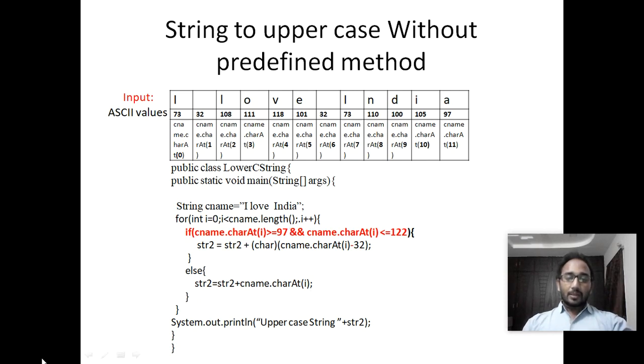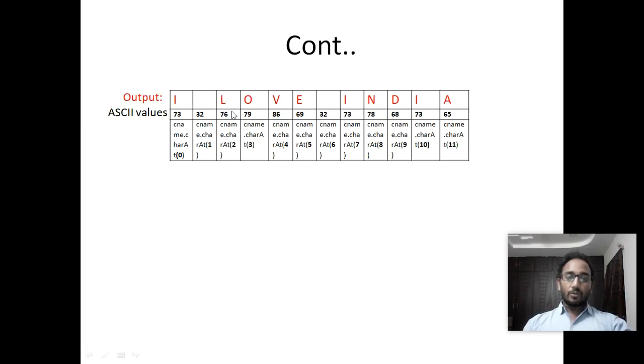So this part of the code will convert lowercase characters to uppercase characters, and the remaining characters are directly added to the resultant string. Once you complete this, you can print the resultant string in uppercase. Here no character has an ASCII value between 97 and 122, because we already reduced that value by 32 if it existed.